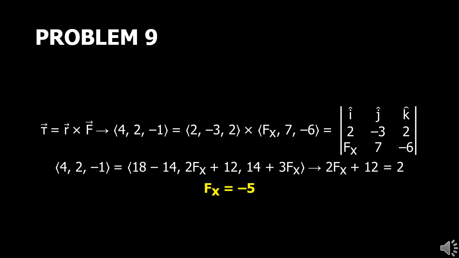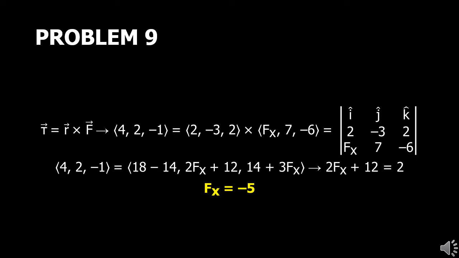So tama. So, tama yung nakuha natin na 18 minus 14, which is yun yung gagawin natin para makuha natin yung cross product. So, tama lang na yung x coordinate is equal to 4. So, proceed tayo ngayon sa next.